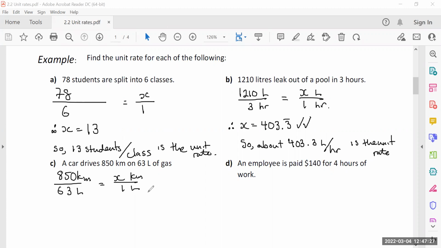Again, the division by 1 doesn't change anything. So it's literally 850 divided by 63. That's all it is, mathematically speaking. And then we will attach the kilometers and the liters after.